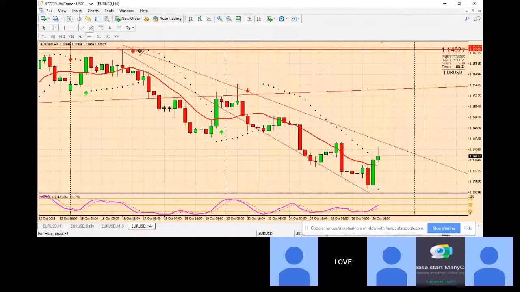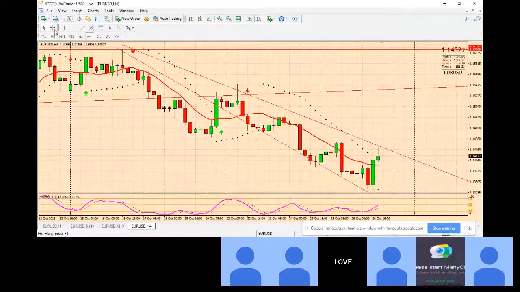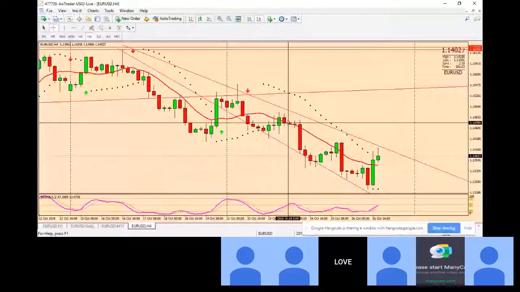You need to draw a trend line that touches at least two to three places to be valid. If it just touches one, it's not really valid. The downtrend is clearly still in place, but what we see right now is a one-candle reversal on the 4-hourly. Strong.